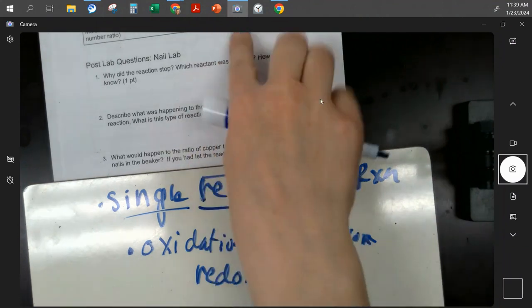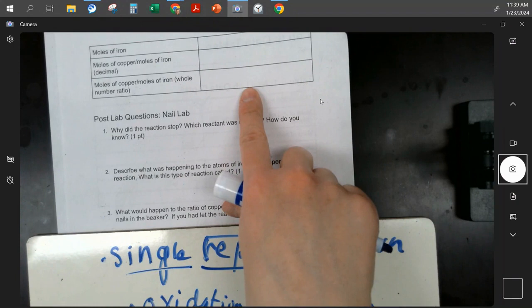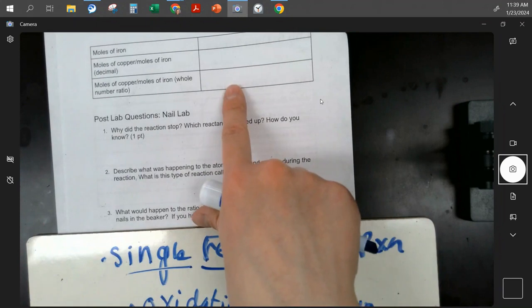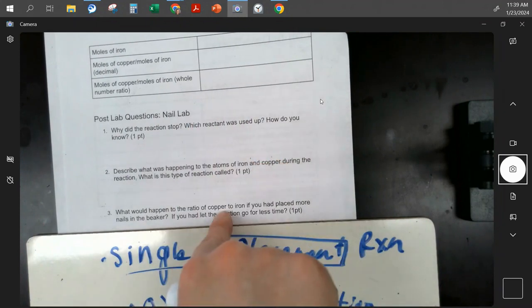What was the ratio you found here? You found 1-to-1? So if you have 1-to-1, that means you need 1 iron for 1 copper. So if you added more iron, that's not going to change the ratio, right?